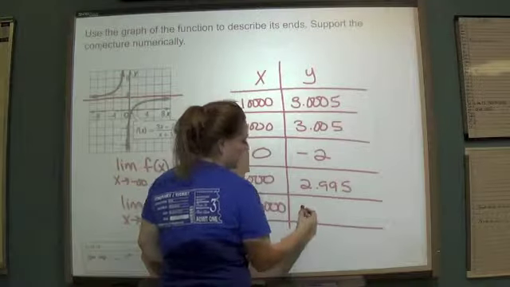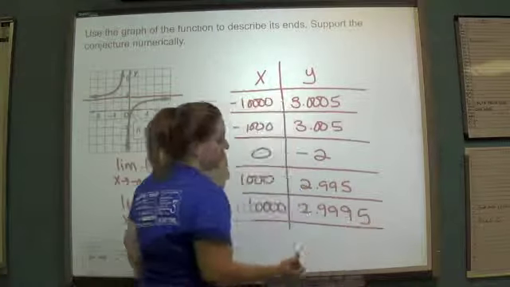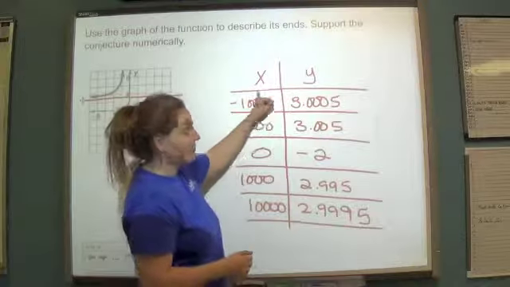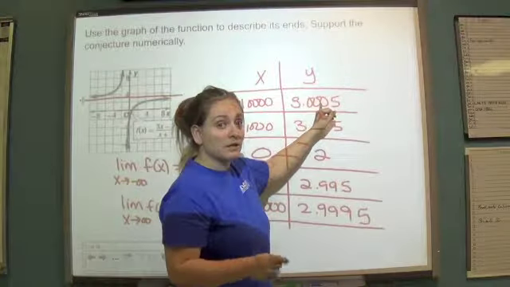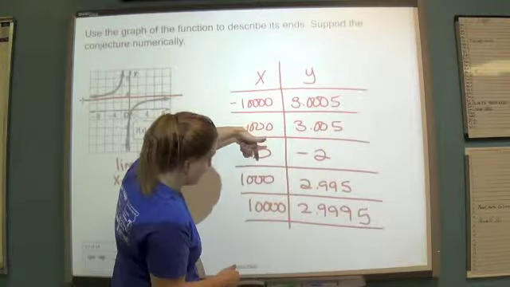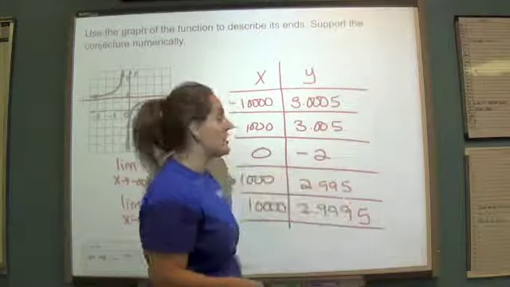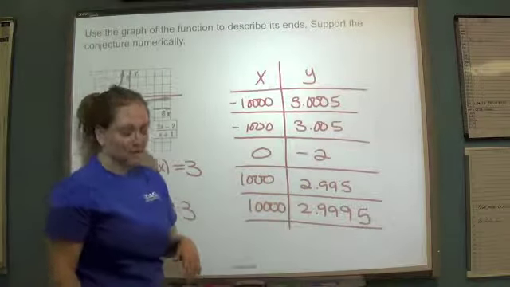And then if I plug in 10,000, 2.9995. So as I approach negative infinity, it's getting really, really close to 3. And if I approach positive infinity, it's getting really, really close to 3. So just looking at the graph, I'm approaching 3 in the limits.